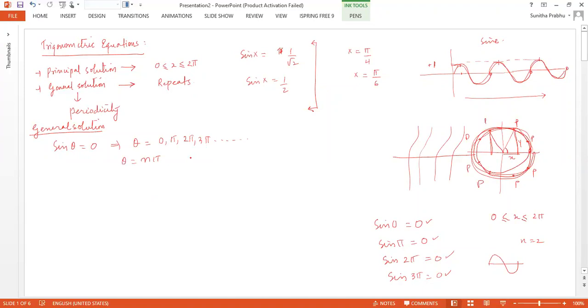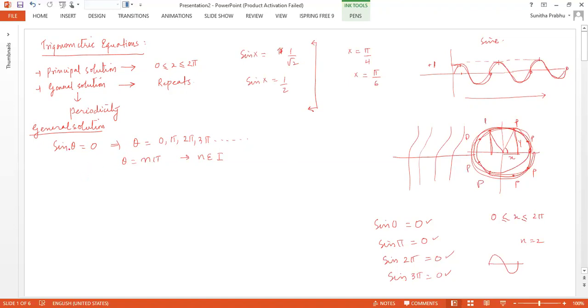Okay, and I will say n belongs to integers, because this can be positive and negative also. So when we have written n pi, this is the generic solution.